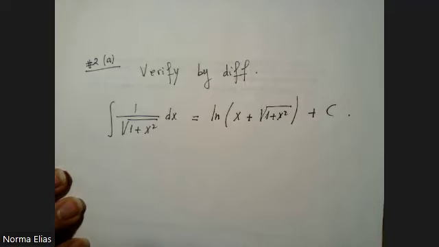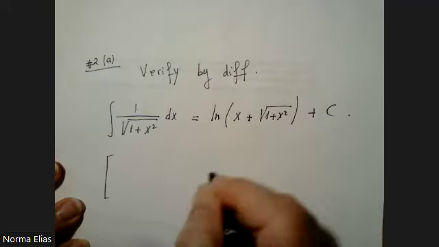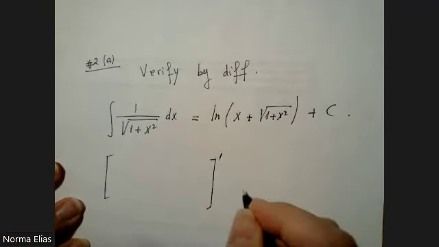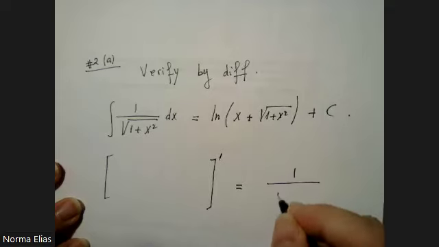Okay, how did you do this problem? I took the derivative of the second equation. Okay, so we're going to take the derivative of that, and we have to get 1 over 1 plus x squared.